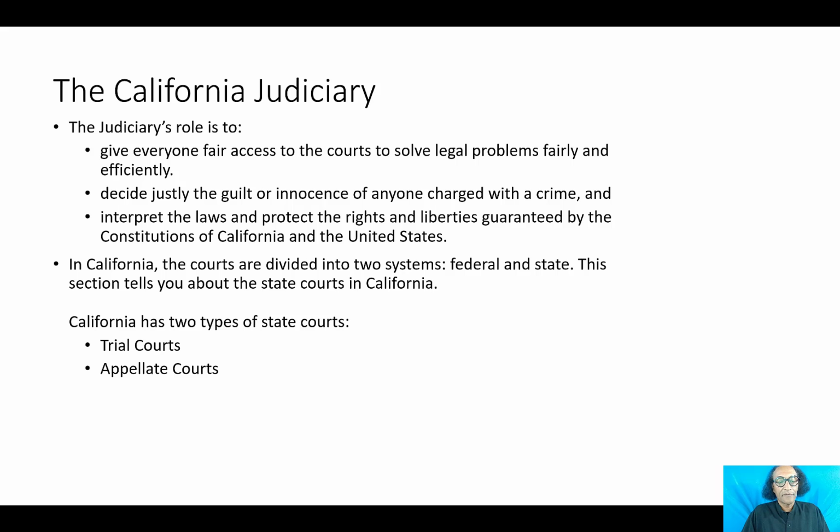In other words, we have an orderly system of laws and administration of those laws, and the function and purpose of the judiciary is to make sure that the laws are implemented in a manner that is fair to all parties coming before the court for resolution.